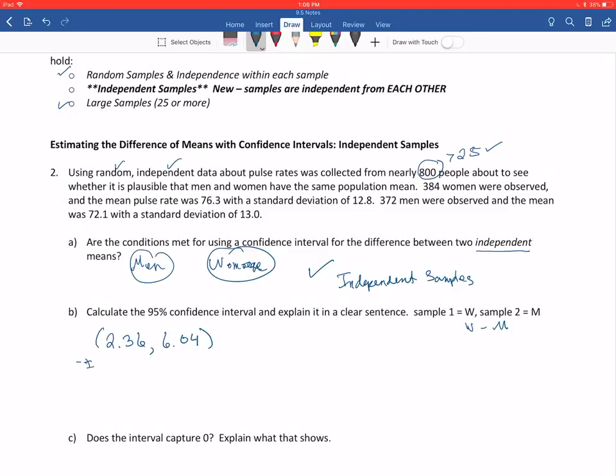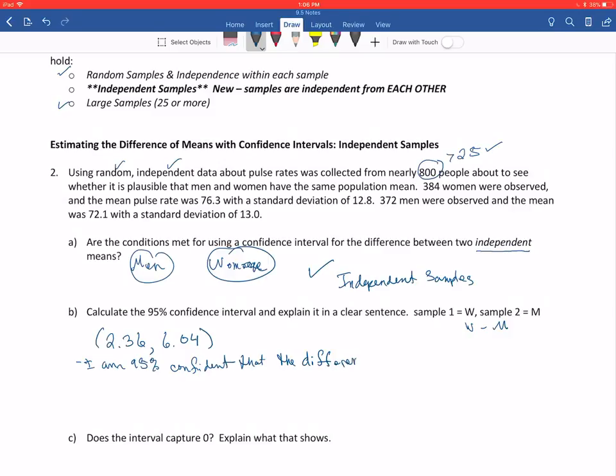So I could say something like, I am 95% confident that the difference, because everything when you're doing 2 samples, it's all about the difference between them.